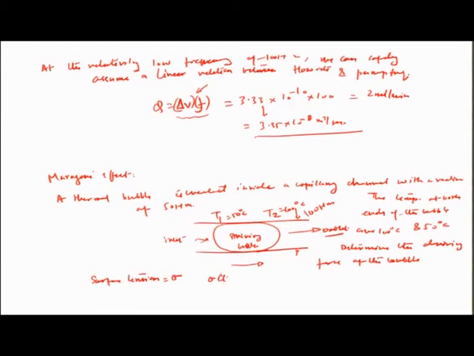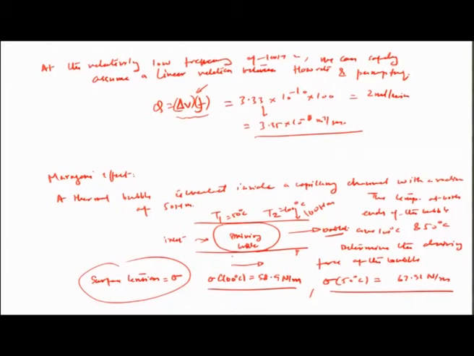So, sigma at 100 degrees Celsius is 58.9 Newton per meter, and sigma at the 50 degree Celsius mark is 67.91 Newton per meter. So, these are the two different sigmas which create such a driving force, and I would like to look at what is going to be the pressure difference at the two ends of the bubble.